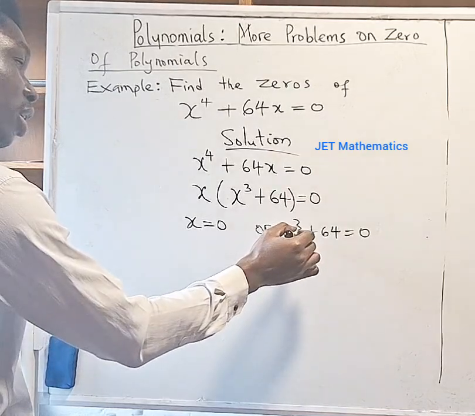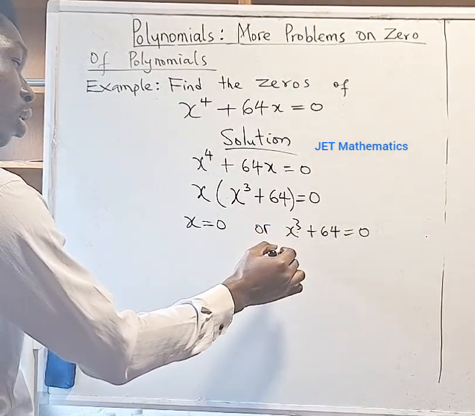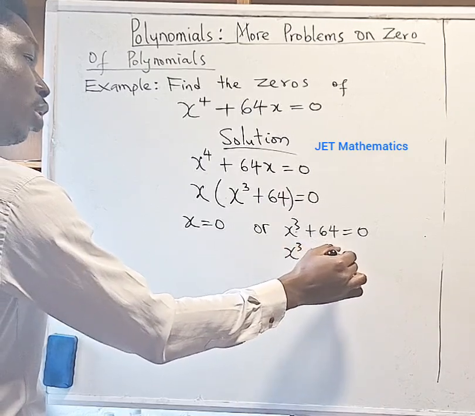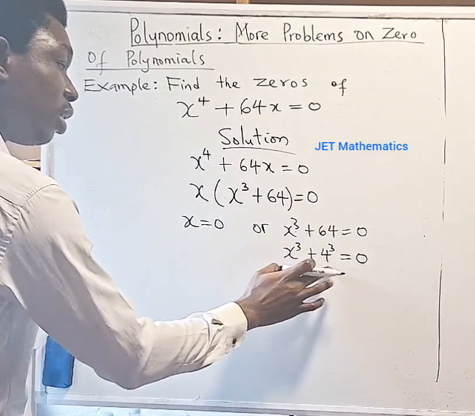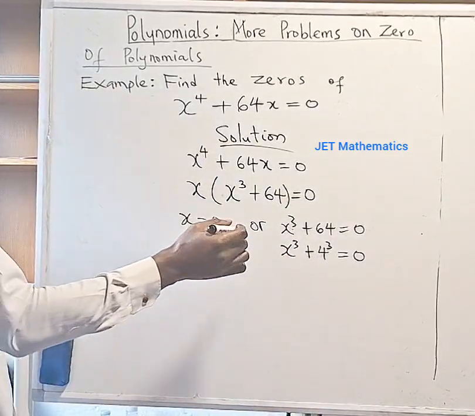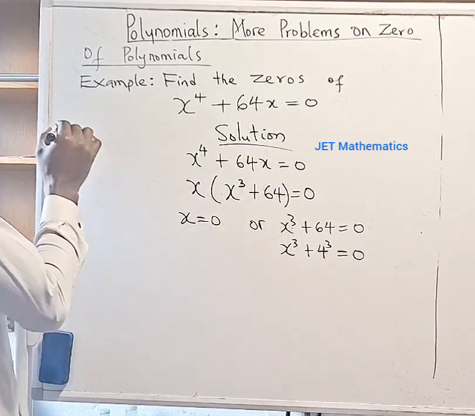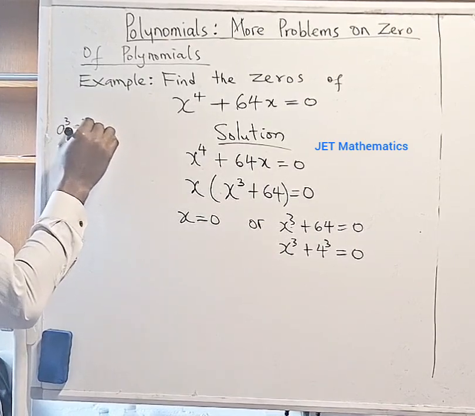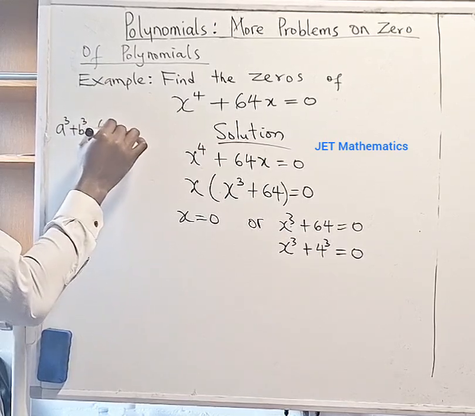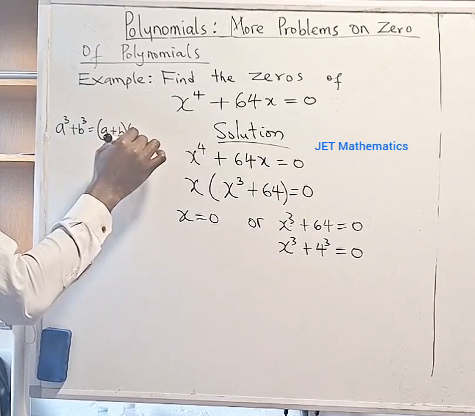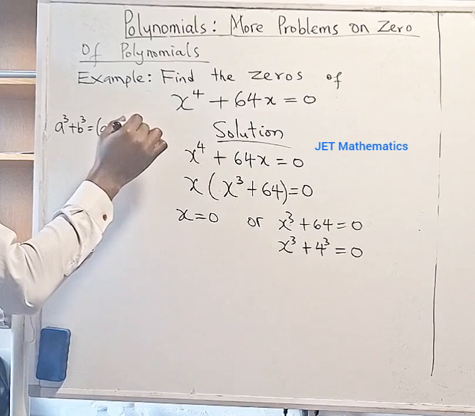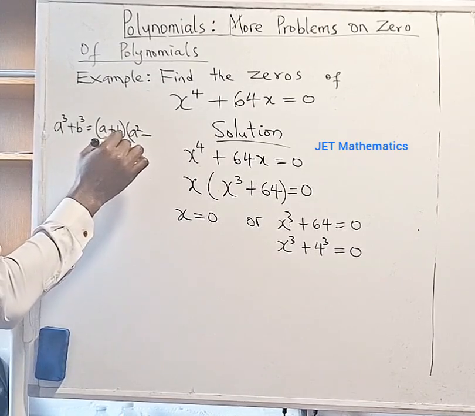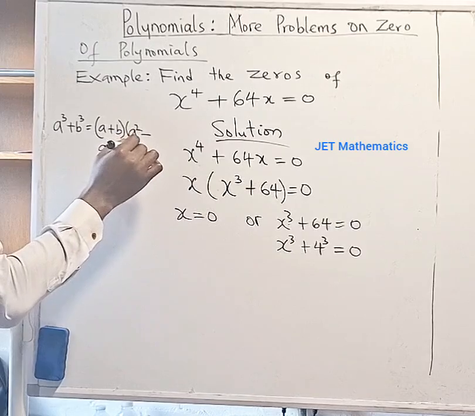Then we can say this again is x cubed plus 4 cubed equals 0. So if you look at this, this is the sum of 2 cubes. For the sum of 2 cubes, if we have a cubed plus b cubed, we can factorize it as a plus b, bracket a squared minus ab plus b squared.